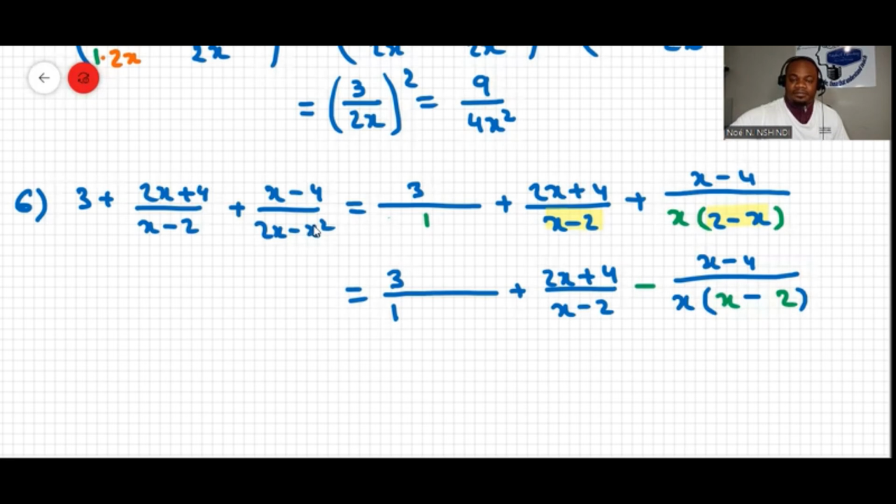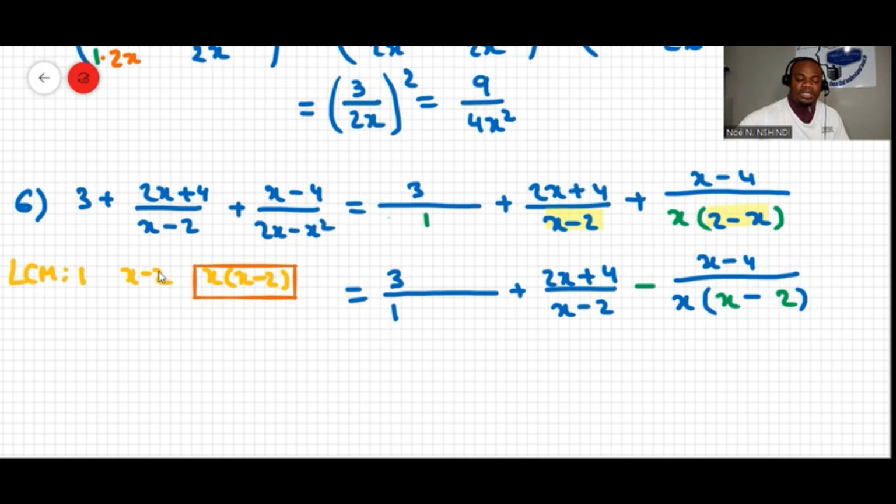So now you notice the LCM, I write it here, the LCM of 1, x minus 2, and x open bracket x minus 2 is just x open bracket x minus 2, because this divides 1.